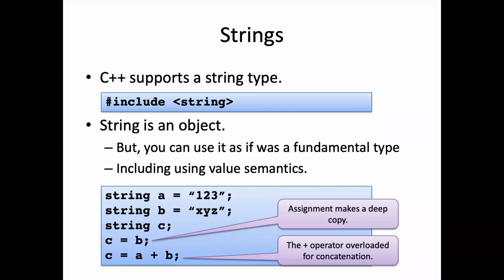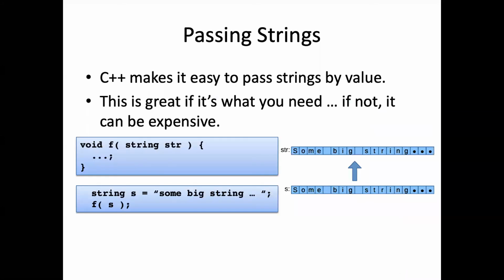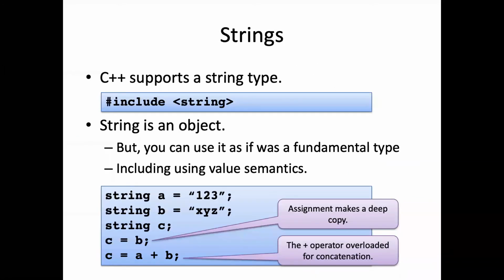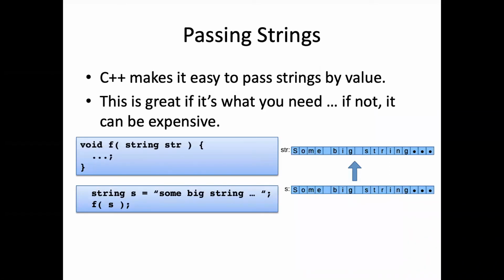I mentioned that strings support value semantics, and that means, like I did on this previous slide, you can assign between strings, and when you do that, you're copying strings, unlike Java where you're just making strings refer to different things. And you can use value semantics when you pass strings to a function. Here I made a function f. It takes a string as a parameter.